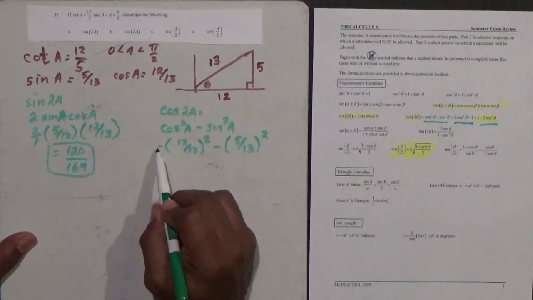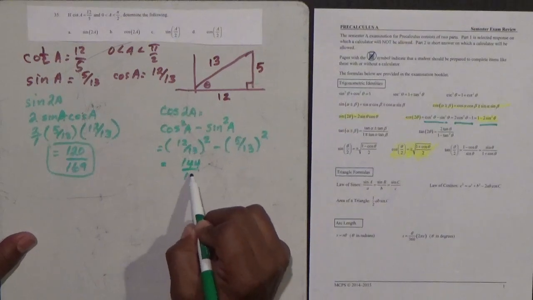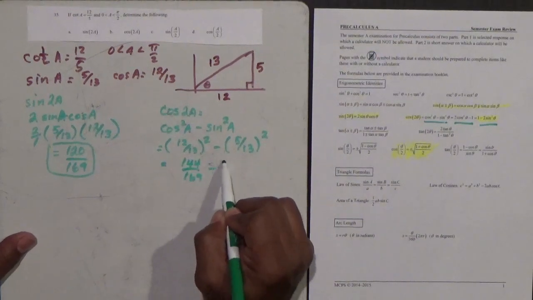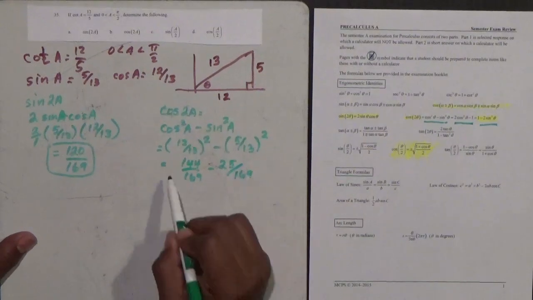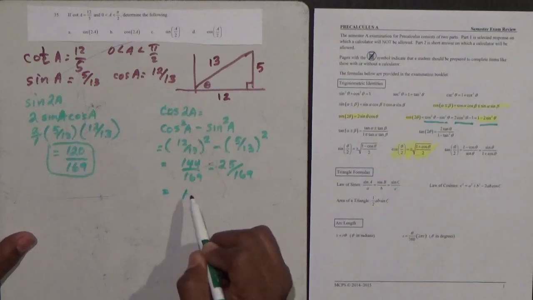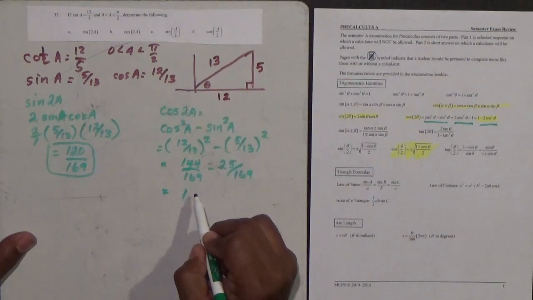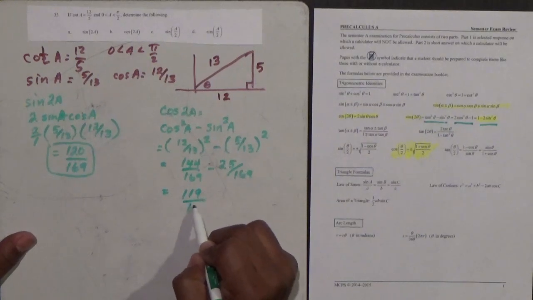That'll give us our answer. Let's see, that's 144 over 169 minus 25 over 169. Subtracting that would give you 119 over 169.